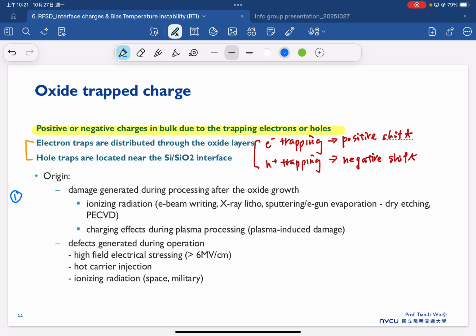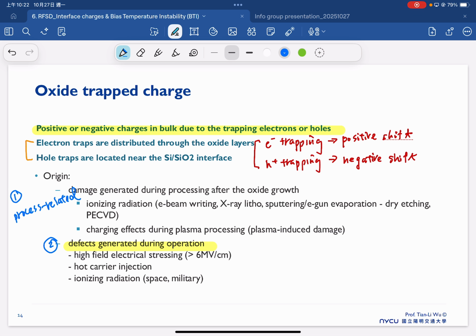So that can be process related. And second, which is most important for us, is defect generation during the operation.